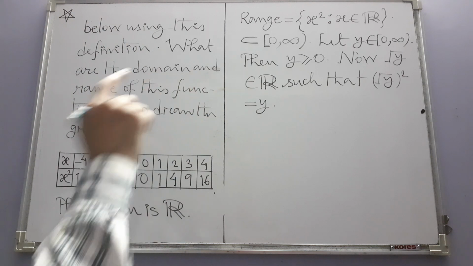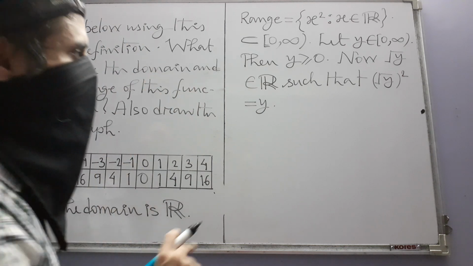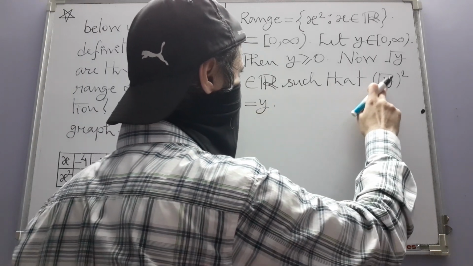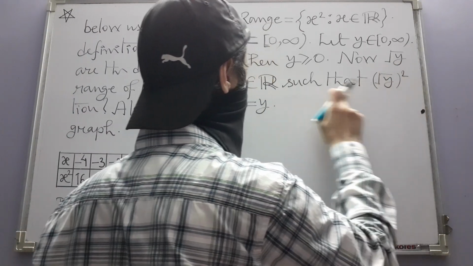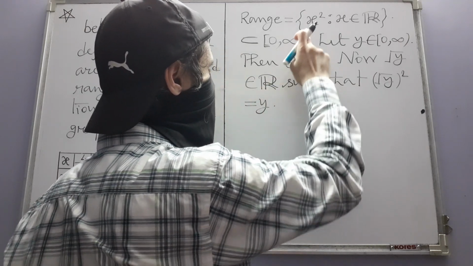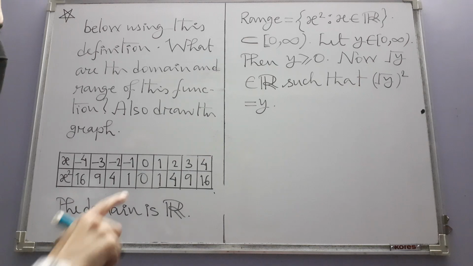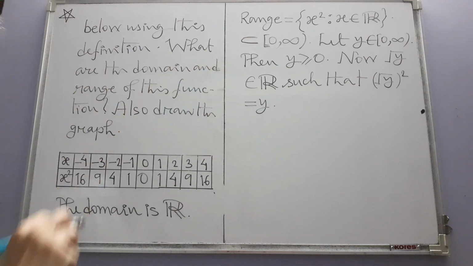So from this last equation, what can you say? You see that we have expressed y as something square, and that something belongs to R. This means that y actually belongs to the range.